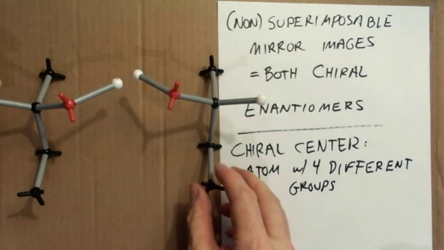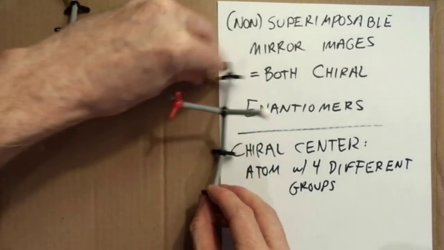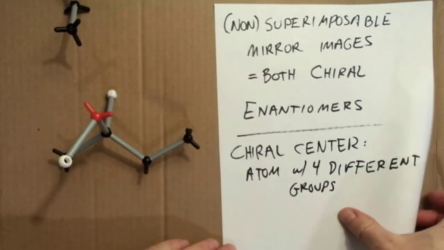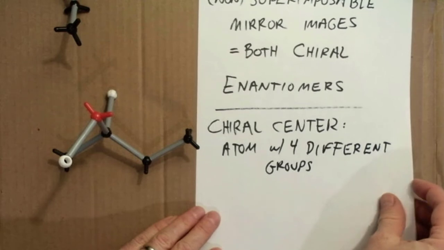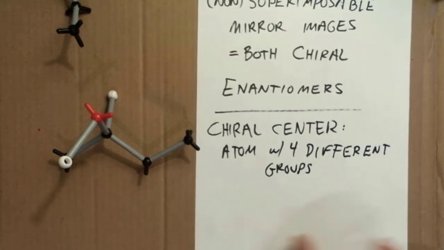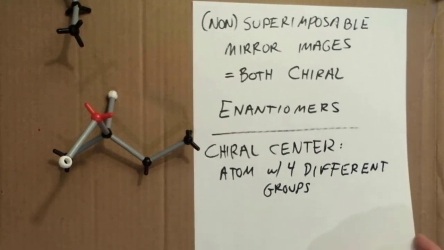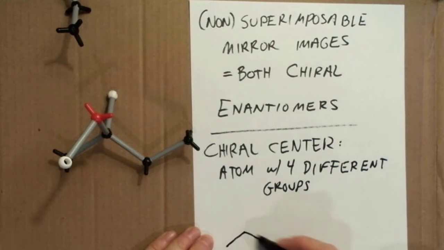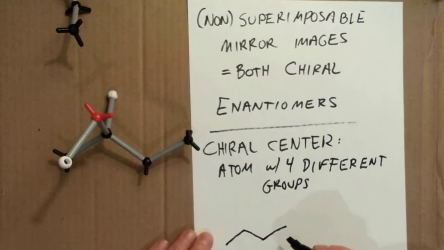So if we want to draw, let's say, this particular enantiomer, one way to do it is to use a wedge dash type of drawing. And the easier way to do that is going to be to use the longest continual chain flat on the page, and then to include the groups.